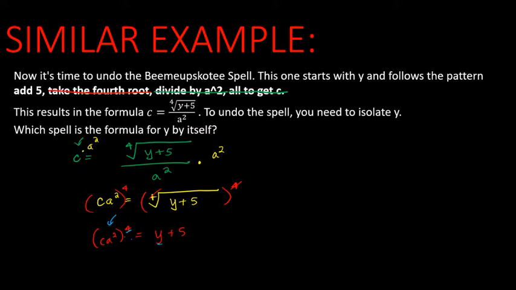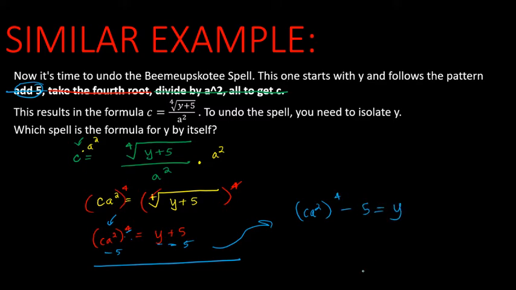The only thing that's happening to it is it's having 5 added to it, right? Again, reading my spell in reverse order, add 5 is the next thing on my list to get rid of. So if I wanted to undo adding 5, I would subtract 5. So I'm going to subtract 5 from both sides of the equation. I'm going to rewrite it over here so you can see it a little bit better. And I get c a squared to the 4th power minus 5 equals y.